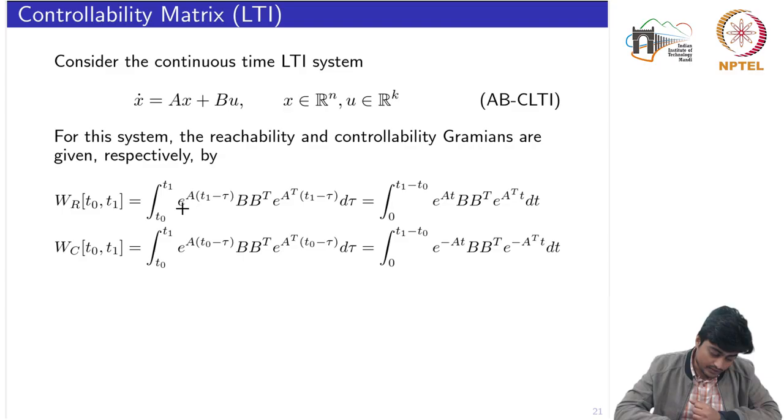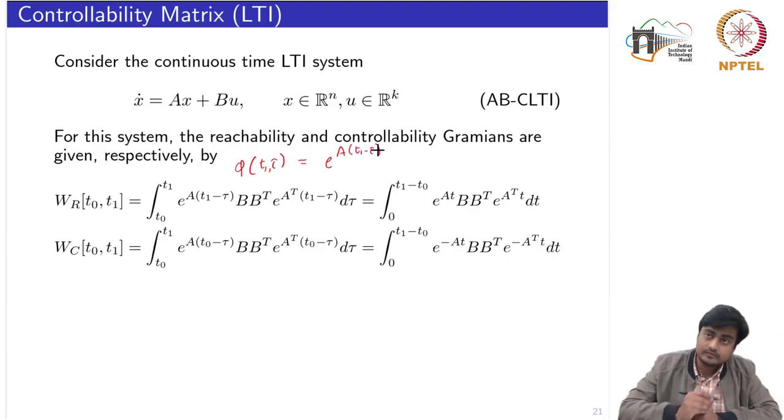If you recall, we would have phi(t1, tau) as the state transition matrix. For the LTI case, it becomes e to the power A(t1 minus tau). This is what I have written here.